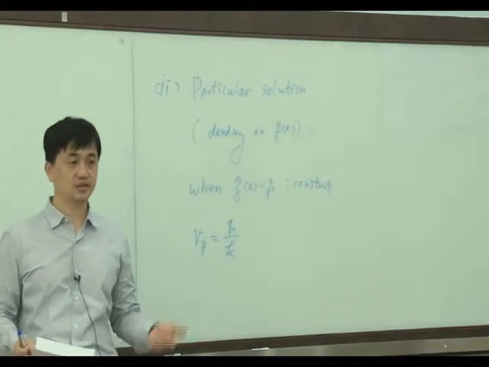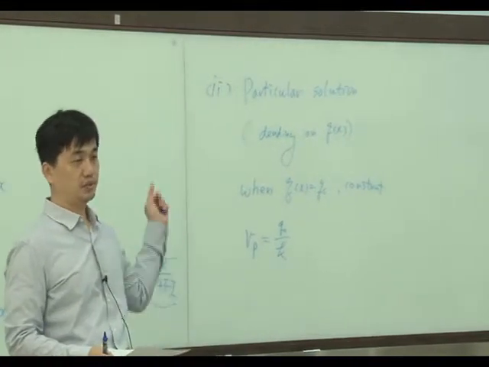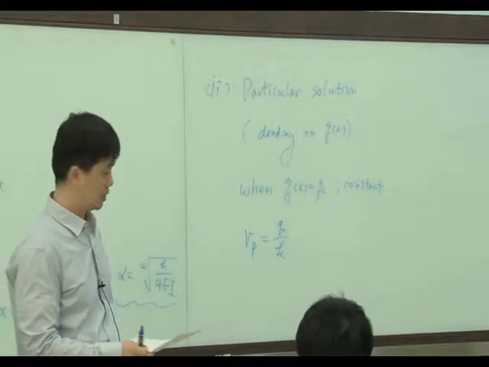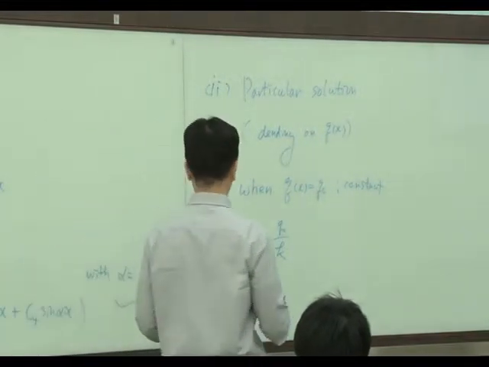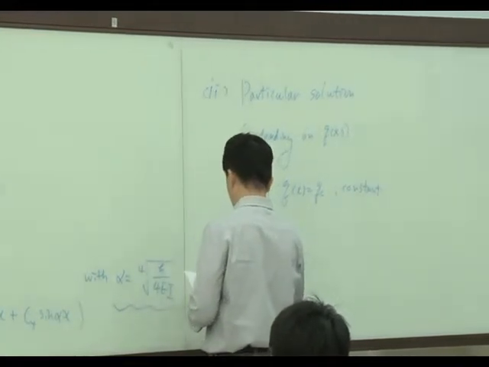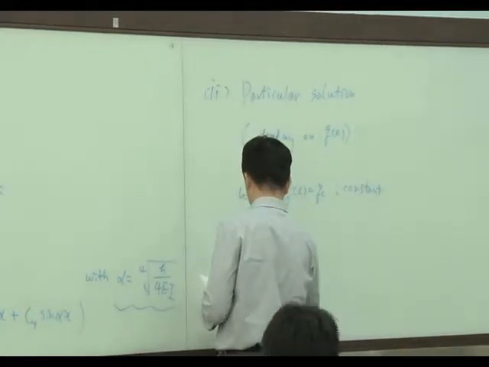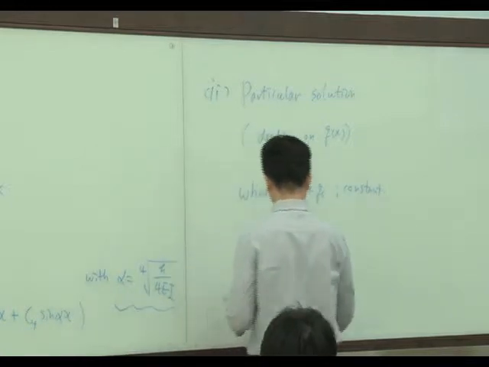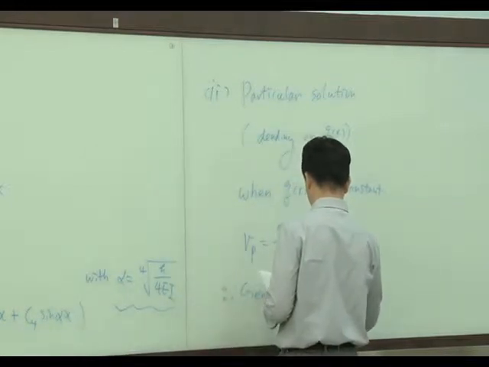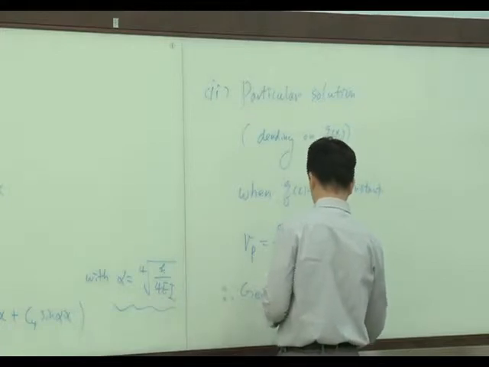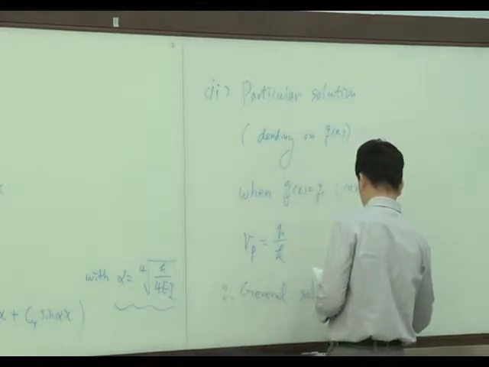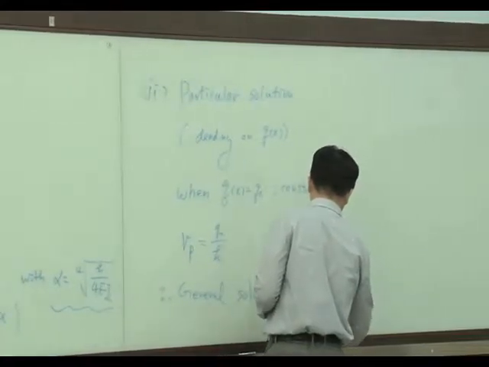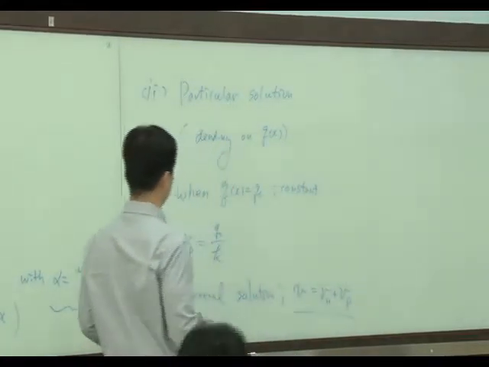You can check whether this is a solution by putting it into the ordinary differential equation. So finally, in this case, the general solution equals V homogeneous plus V particular. This is the general solution.